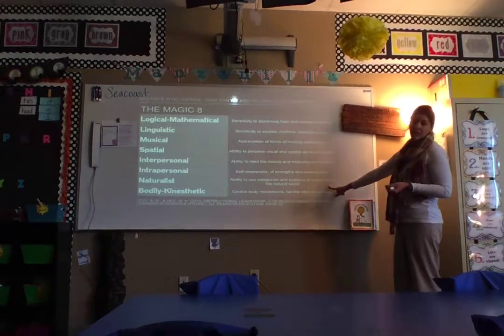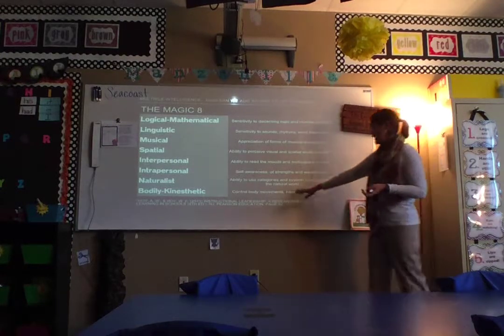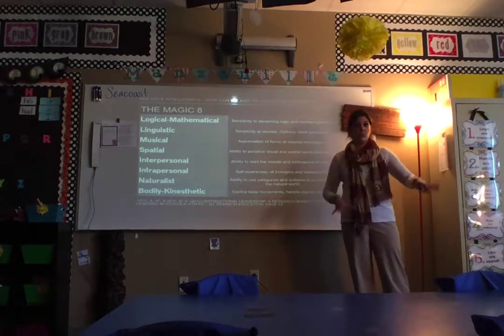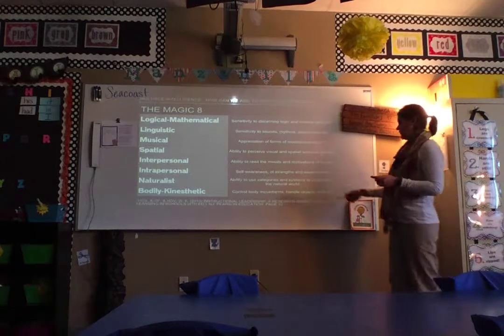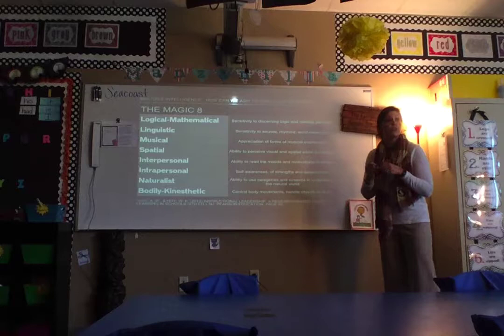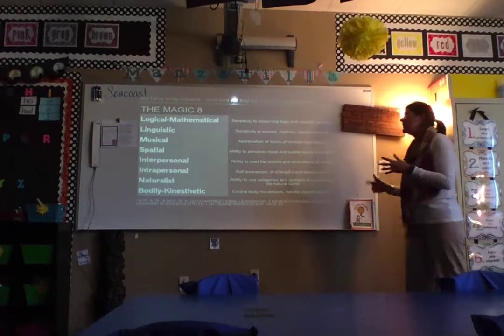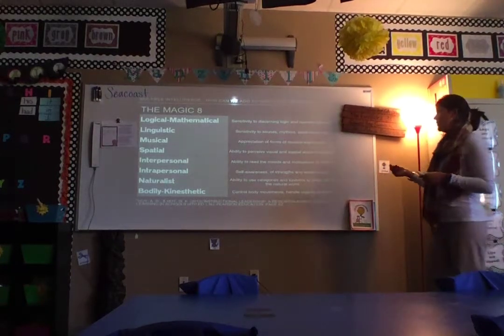Naturalists, which are really great to utilize in your science groups or any other time, are able to understand categories and systems of the natural world and be able to keep things organized. I think we all know those obsessive-compulsive students that just really have to have everything in order because that's how life is supposed to be. And then bodily-kinesthetic, which is really fun.